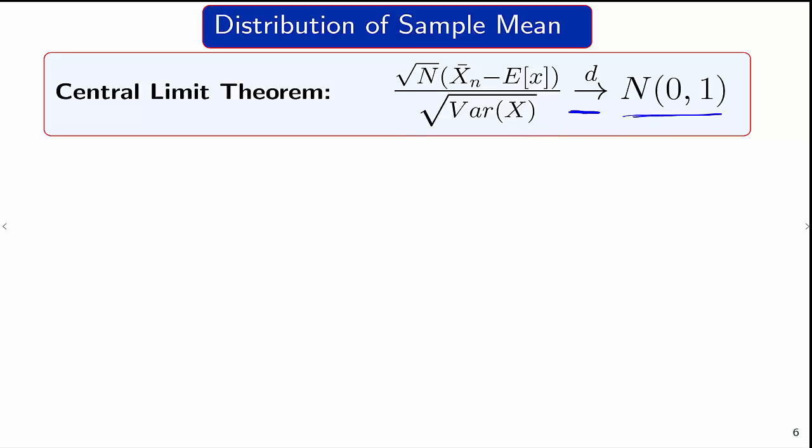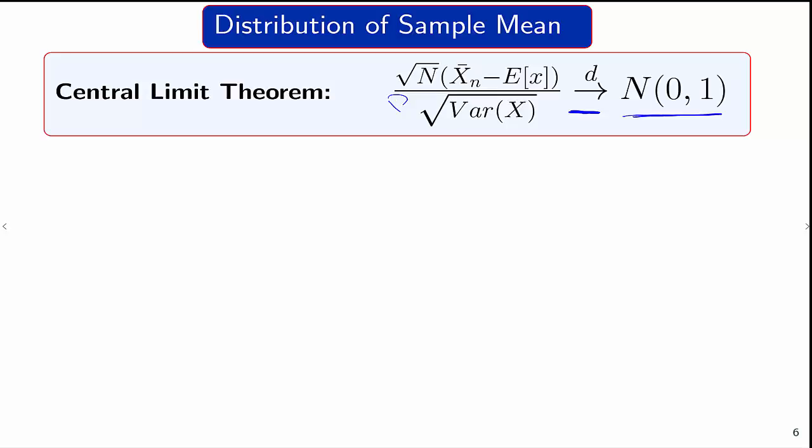And this is very powerful because it doesn't matter what the form of the distribution of x is. In our case, we're considering the Bernoulli random variable, which is discrete, but it could be Poisson or exponential and so on. Doesn't matter what the distribution is of the actual sample data x, this transformed statistic here will behave like a normal 0, 1 distribution.